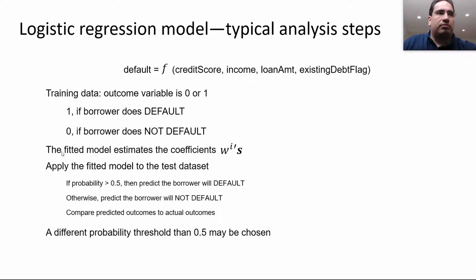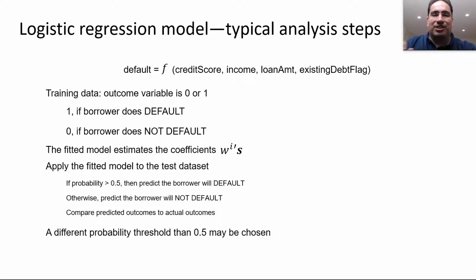You could find the fitted model that estimates the coefficients, the w_i's, similar to linear regression. Then when you apply the fitted model to the test data set, you'll get a probability. If the probability is more than a threshold, which you set, for example 0.5, then you'll say that the borrower will default. Otherwise, you'll say that the borrower will not default.